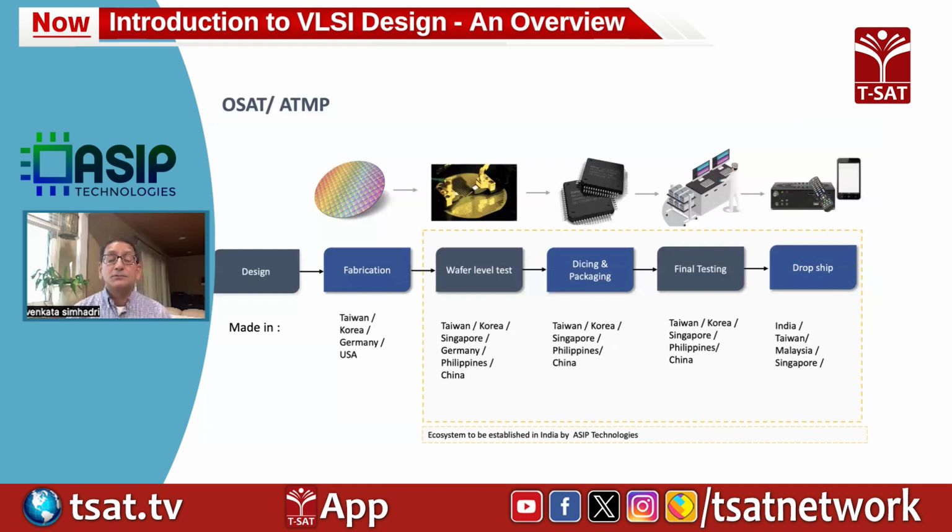You don't want to take a defective chip and package it because you'll be wasting money. So once you identify the defective chips, you throw them out. You dice the wafer into individual chips, package them, and do another final test before you ship it to your end customer.